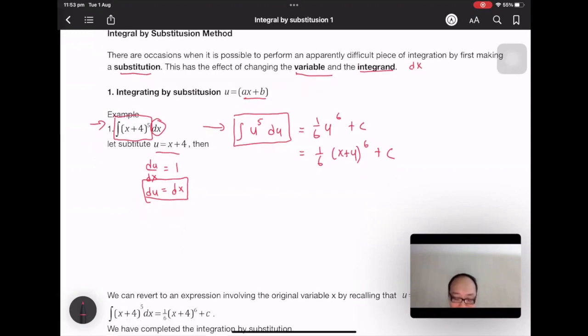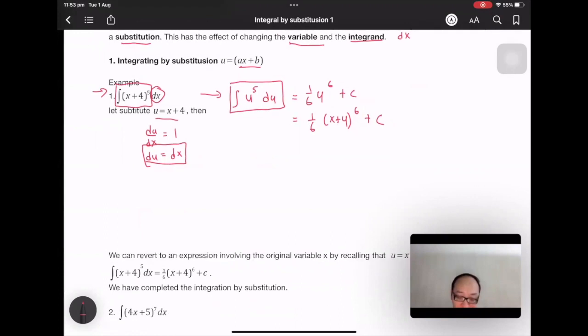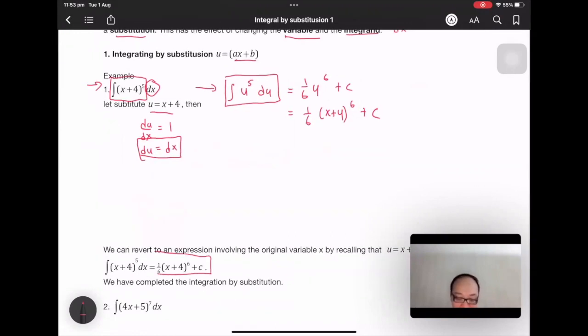So this is the answer. So from this example, you can see that substitution method is a method that simplifies the expression so it can be integrated using the power rule. It changes from the complex expression into the power rule.